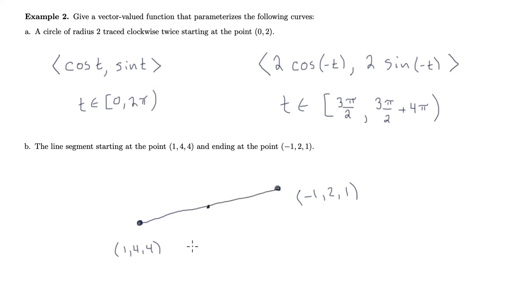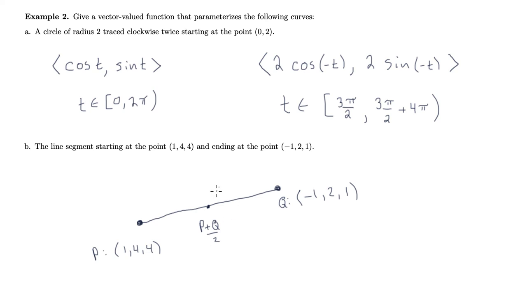Well, the midpoint is going to be this point plus this point divided by 2. So let's say this is point P, and this is point Q. So the midpoint is just going to be P plus Q over 2.